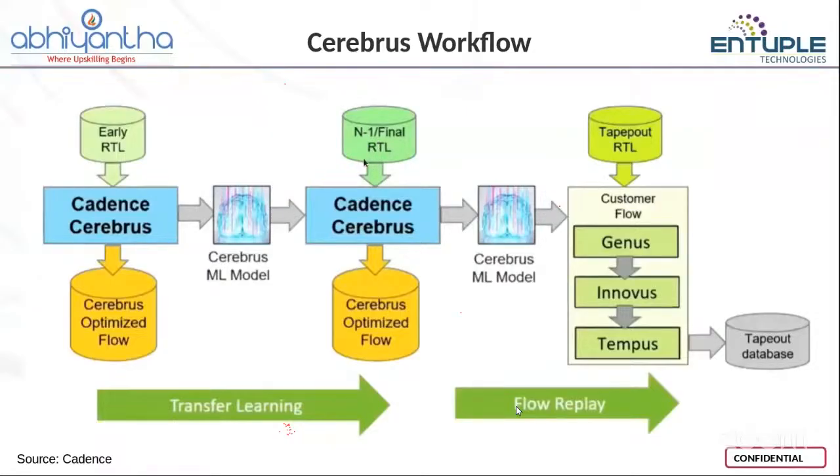Then the current Cerebrus optimization flow will be there. Then mainly for the tape out, more automation is required, so there we use the Genus, Innovus and Tempus tools for the tape out database. So the flow will be reused from design to design.